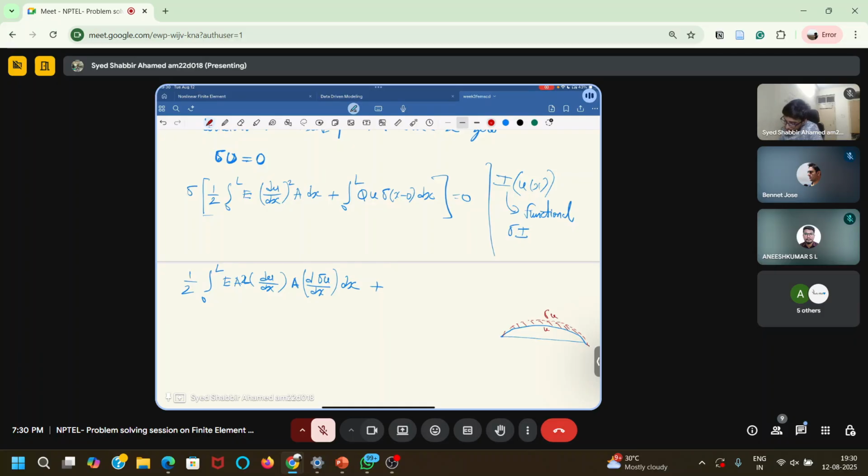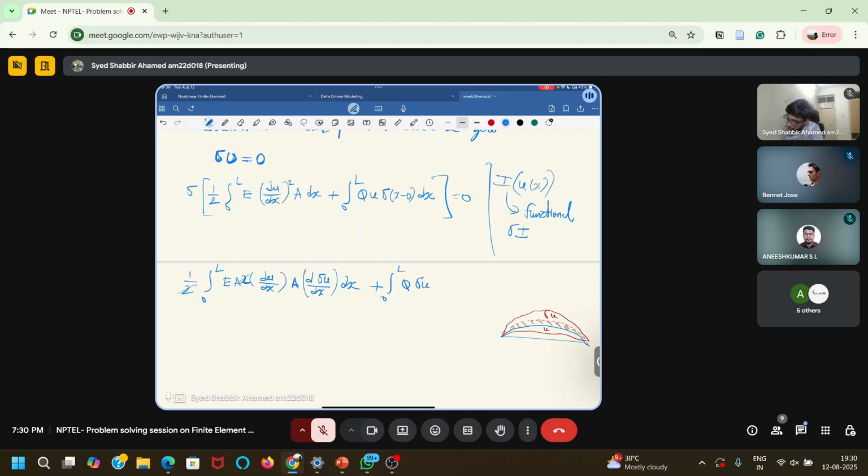This difference over the whole domain is the variation of u. You can assume a lot of solutions, and they will have some variation with respect to the analytical solution. That is what delta u is. So the two and two will get cancelled.